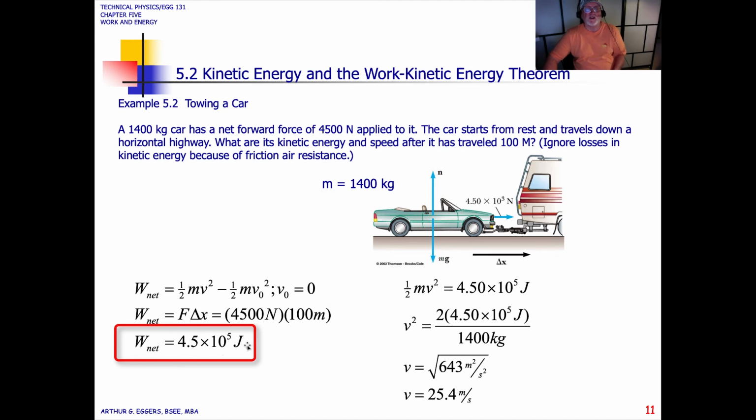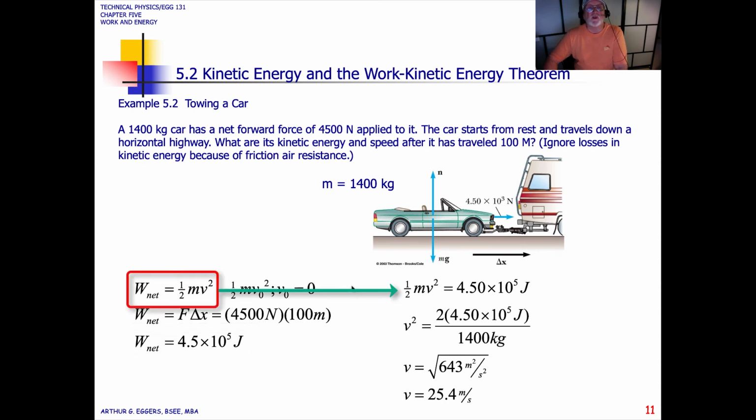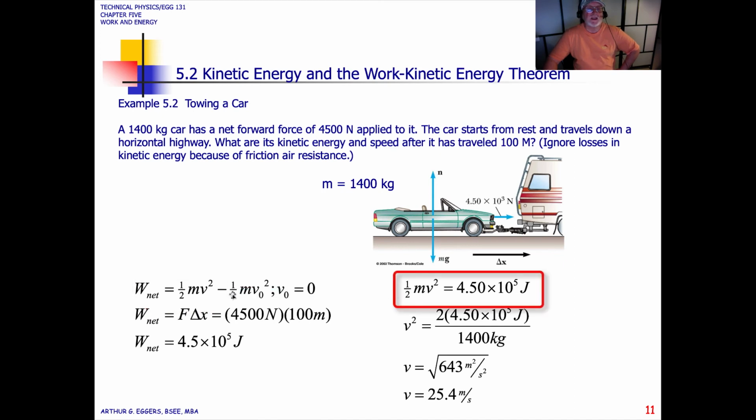Okay, it's good to get used to using our metrics here. So now we can go back to the other equation with the motion in it, and we can solve for the velocity, because they ask us what's the kinetic energy and they say speed, what is the velocity after it's traveled 100 meters. So now we can say that since the initial part went to 0, all I'm left with is 1/2 mv final squared is equal to that 4.5 times 10 to the 5th joules.